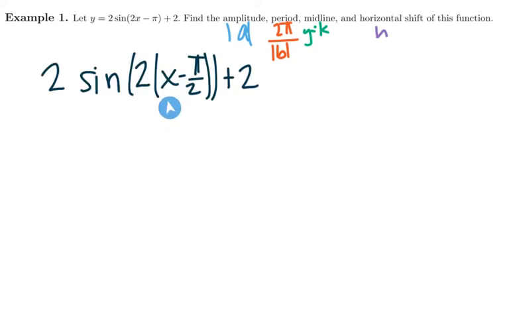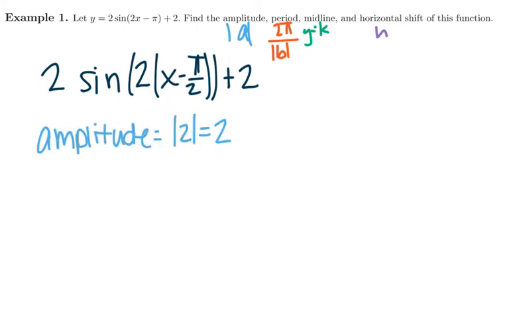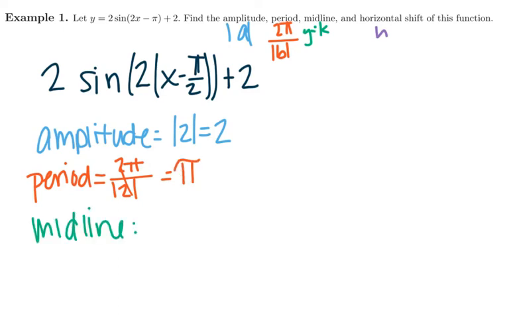When we factor out a 2, we need to factor it out of this term and this term. So we end up with pi over 2 right here. And our h is the right sign because we've got a minus here, and that's how it is in our proper form as well. So our amplitude is the absolute value of 2, which is just 2. Our period is 2 pi over the absolute value of 2, so that's a positive 2 over positive 2. Those cancel, and we're left with pi there, not 2.